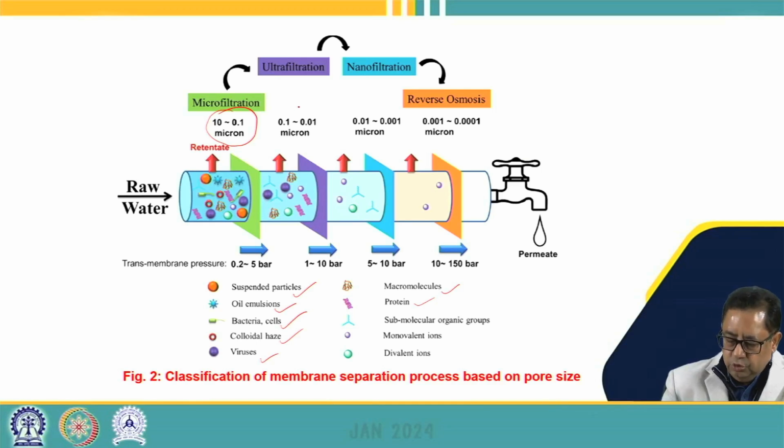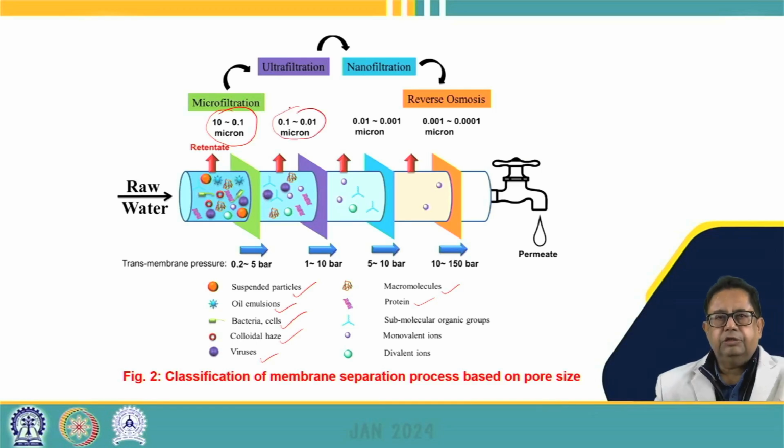Then we have to use ultrafiltration, where the size may be around 0.1 to 0.01 microns, and it may remove the materials further, and lead only to the leakage of monovalent ions, divalent ions, or submolecular organic groups into the filtrate.